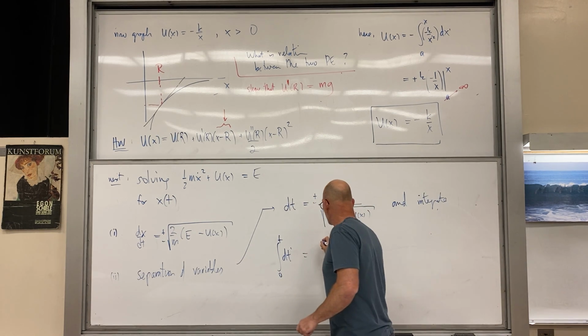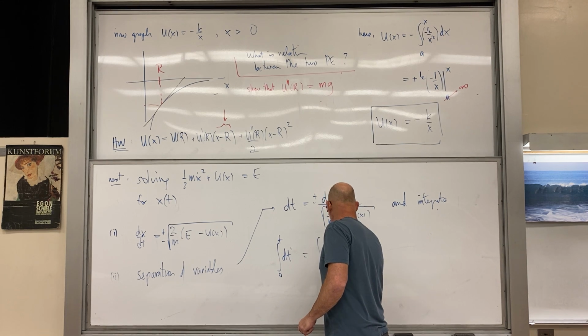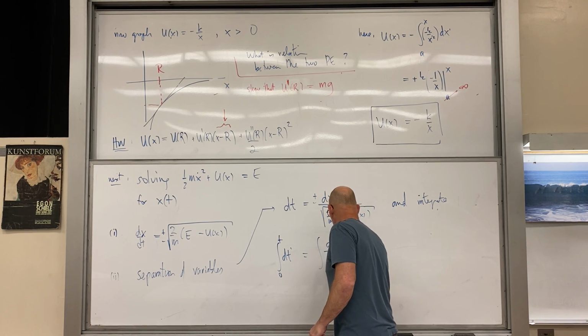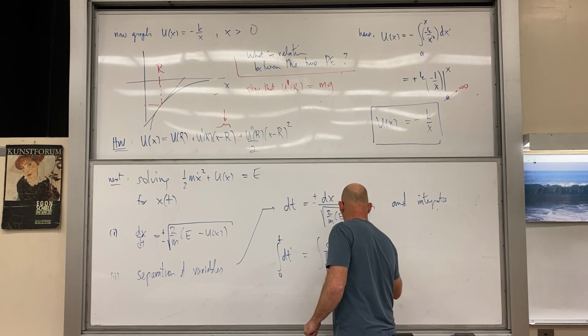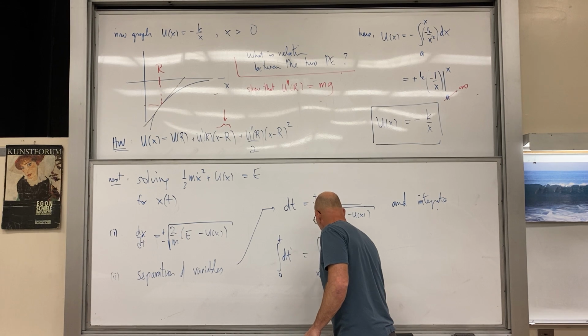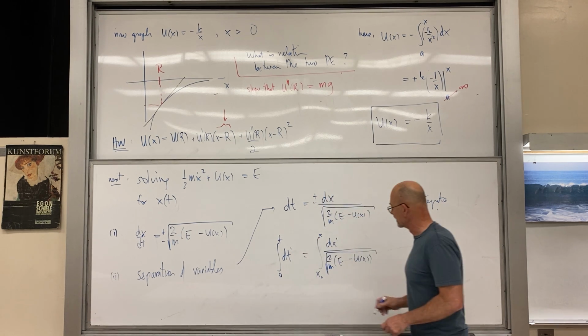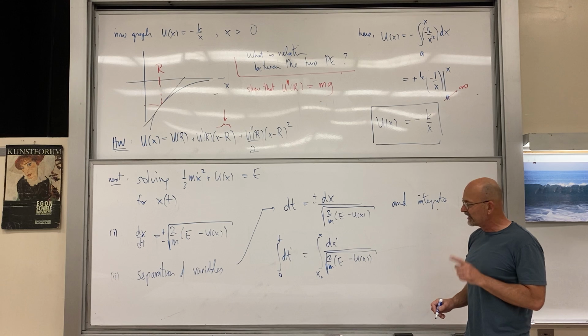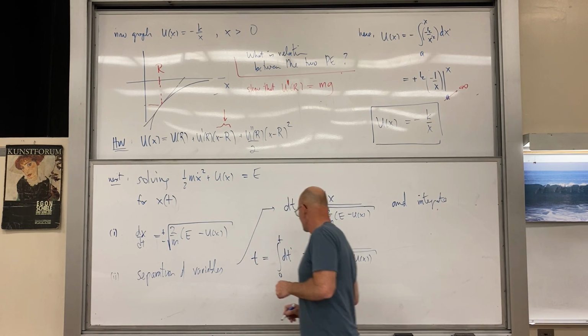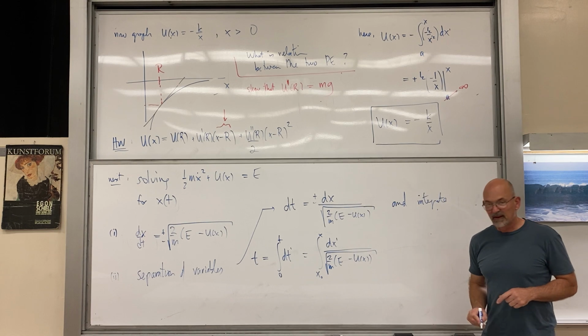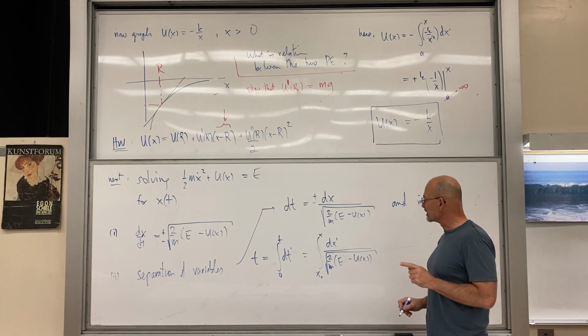And on the right side, same thing. Put a little integration prime there as an integration variable. So that would be from x0 to x. Okay. And this is the solution to the differential equation.